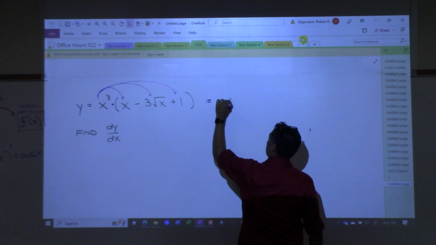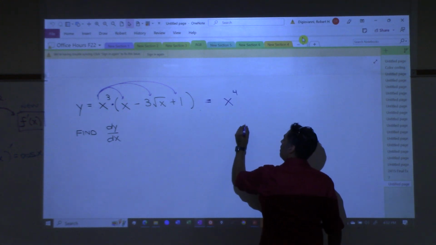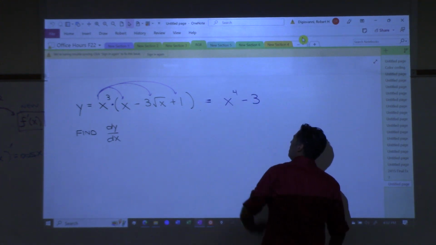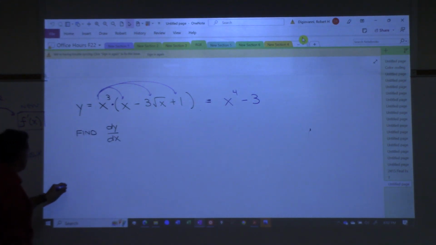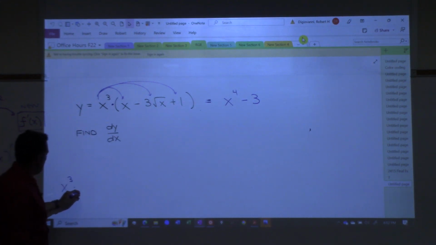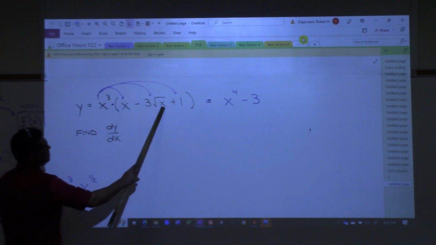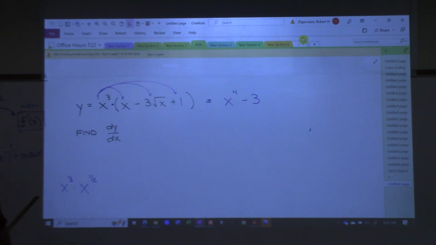So you get x to the 4th, right? Minus 3 what? How do you multiply x cubed times the square root of x? Isn't that x to the half? That's this times this? Yeah. Add those exponents? Add them, right?